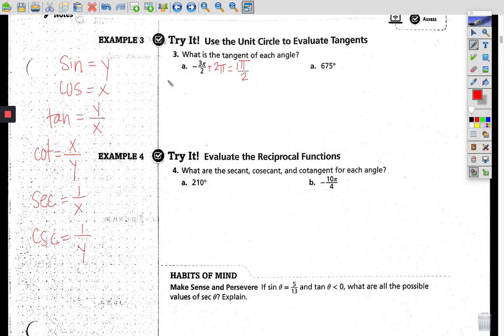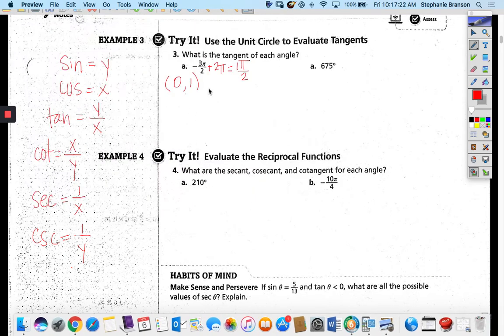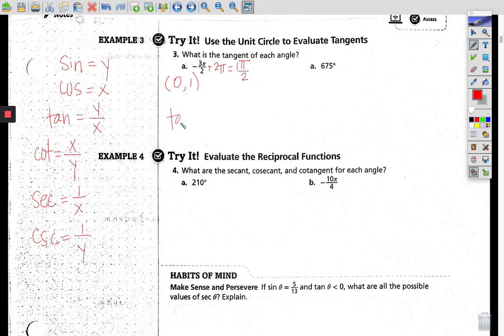Do y'all see that on your unit circle? Y'all see pi over 2 right here? So 0, 1 is my ordered pair, and I'm looking for the tangent. Tangent, we said, was y over x, 1 over 0. Can I divide anything by 0? No. So my answer for tangent of negative 3 pi over 2 is undefined.